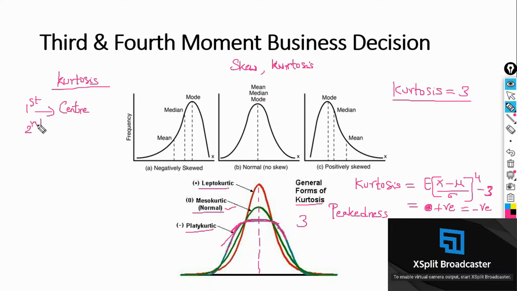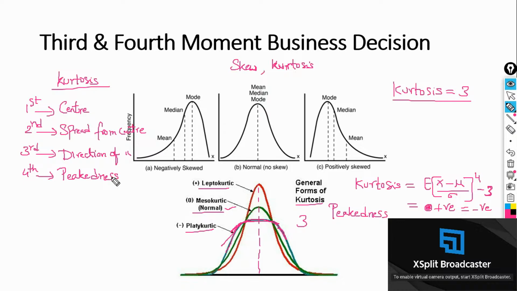The second moment talks about the spread from the center. The third moment talks about the direction of spread from the center. What about the fourth moment? The fourth moment measures peakedness.